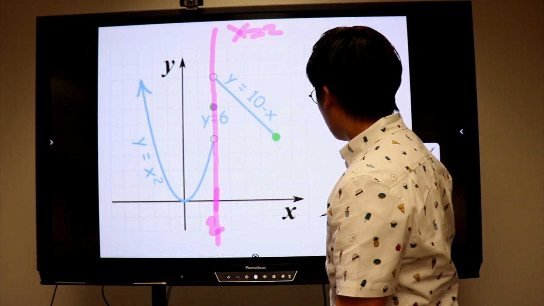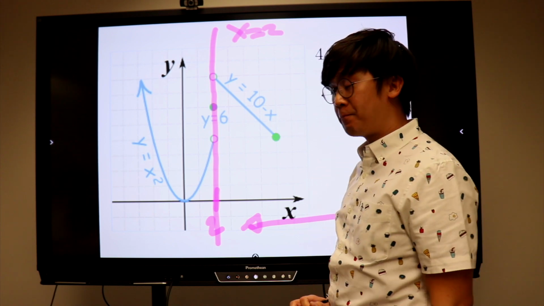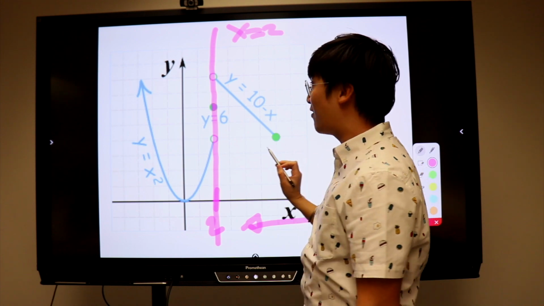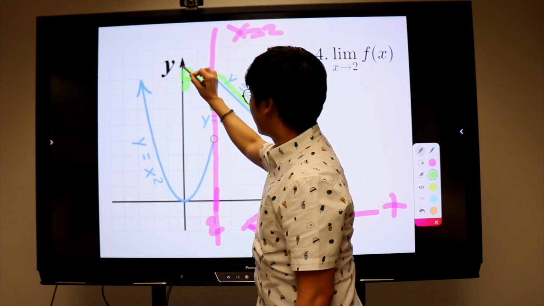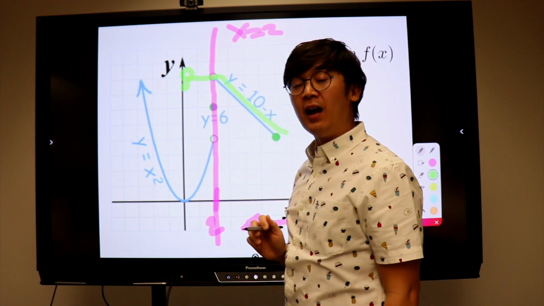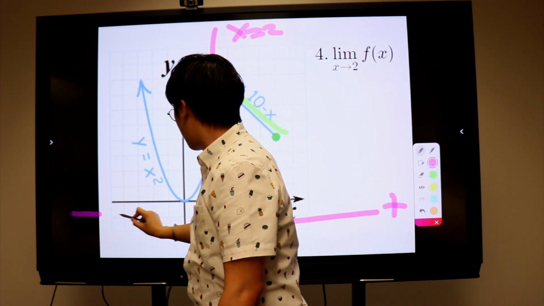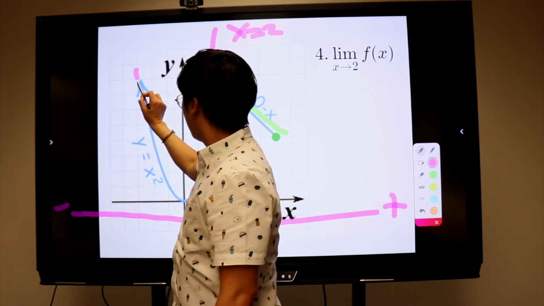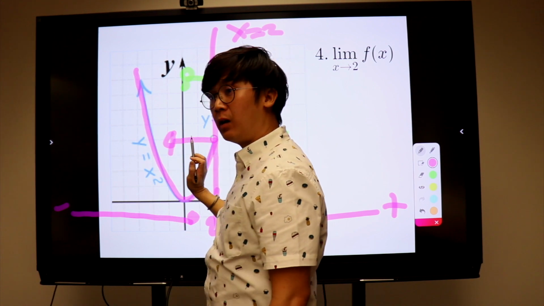Let's inspect. Coming from the positive side, where is the function going to? What value of y? 8. Yes. Coming from here, it's 8. Now let's inspect it in the other direction, coming from the left, which is the negative side, right? Where do you think it is going to? 4.